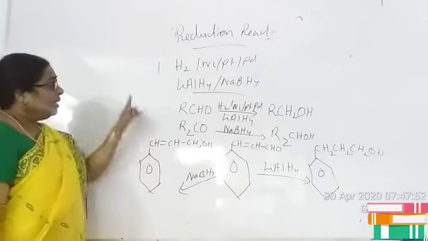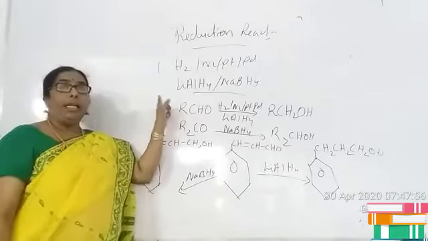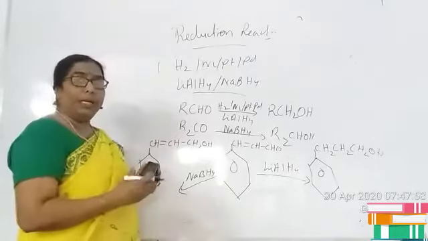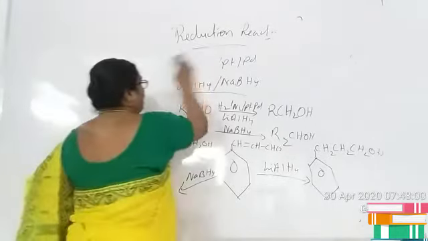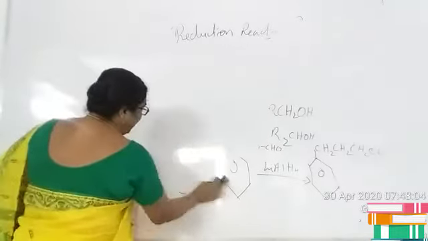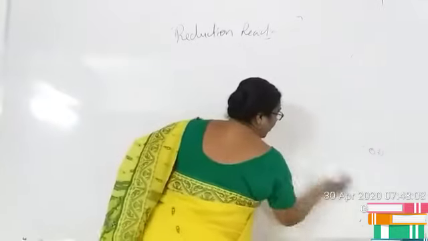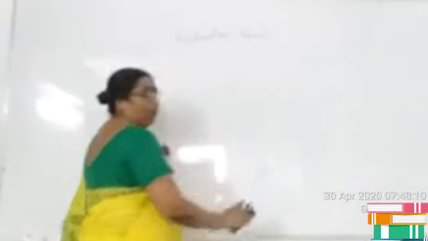Is it clear, children? So whenever aldehydes or ketones undergo reduction in presence of lithium aluminium hydride or sodium borohydride, in the case of aldehydes you will get primary alcohols, but in the case of ketones you will get secondary alcohol.